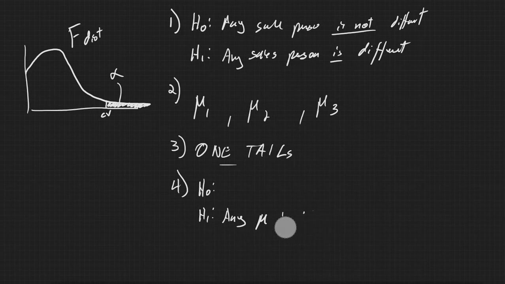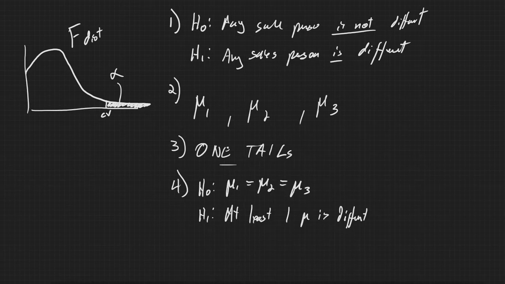Or better said, at least one mu is different. H sub 0 means that they're all the same. That's the exact opposite. That's what we're going to get into here in a minute.